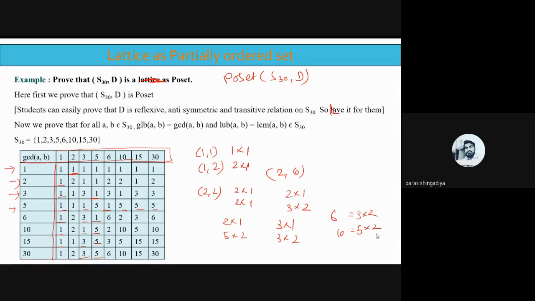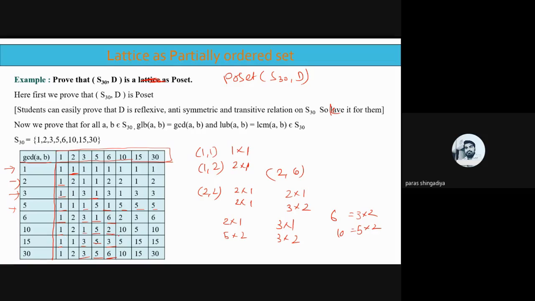And then 6 with 15, what is common in 6 and 15? 3 into 2 and 5 into 3, so 3 is the answer, clear. And 6 with 30, what will be common in 6 and 30? 6 will be, 6 into 5 is 30 and 6 into 1 is 6. Clear? So 6 is the answer, and use this value as a column, 2 6 2 3 6. Clear? So this is the answer.